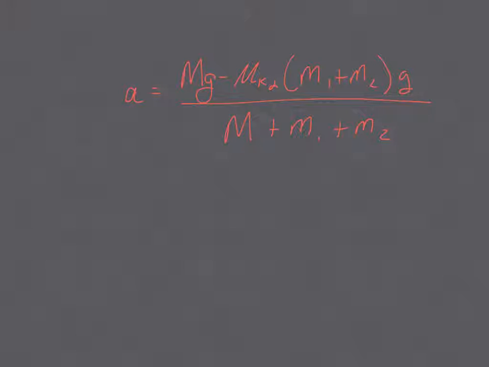All right, here's our final response. All m's, g's, and mu's. And that would be the acceleration of the entire system if M1 does not slip. All right, the next couple questions are a little bit tougher.